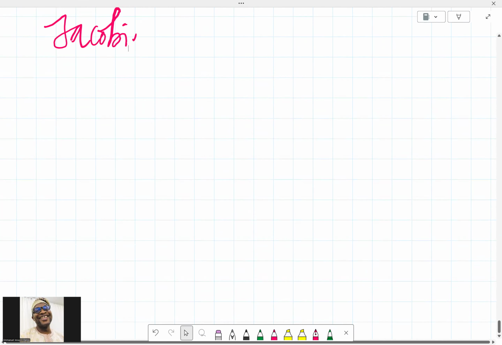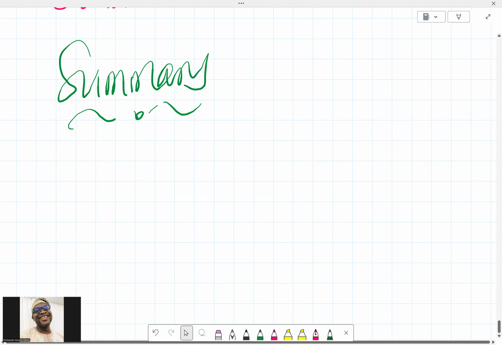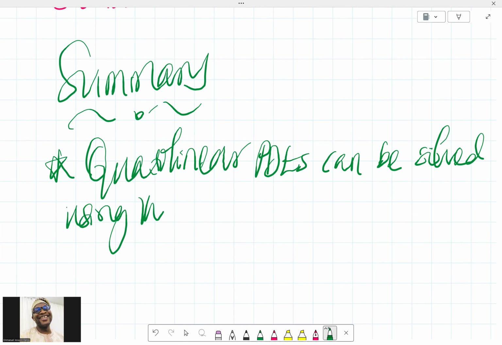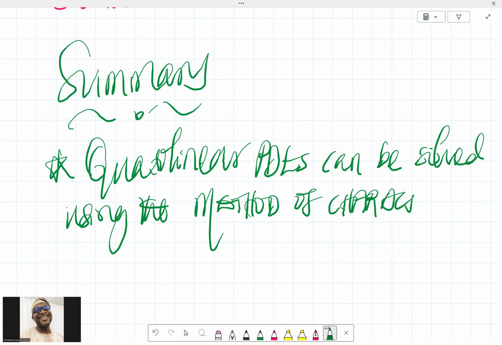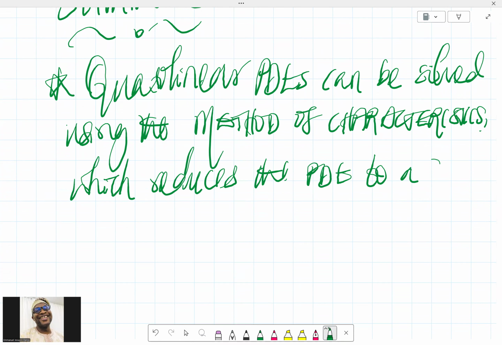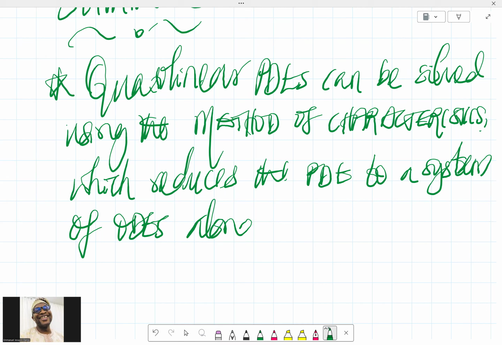So in summary, first of all, we have that quasi-linear PDEs can be solved using the method of characteristics, which reduces the PDE to a system of ODEs along characteristic curves.